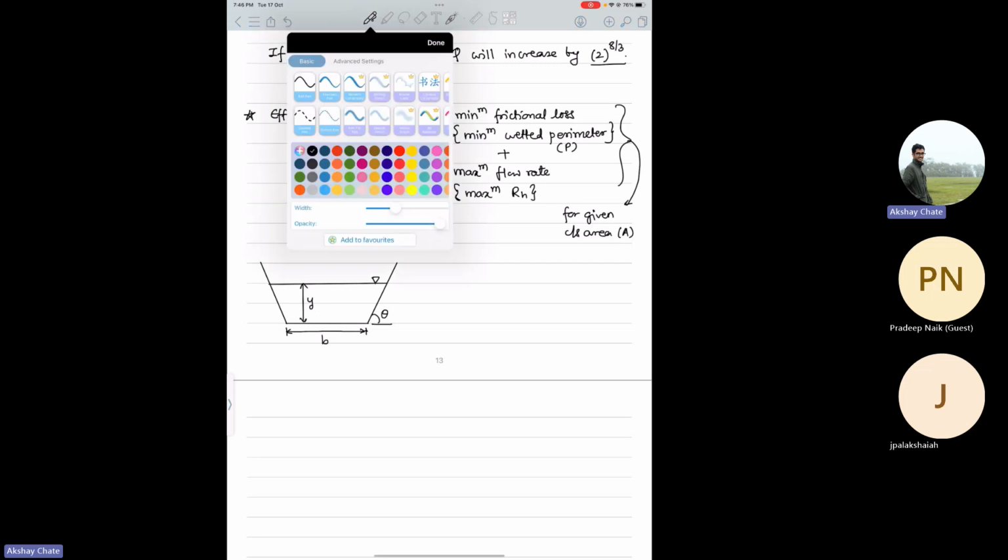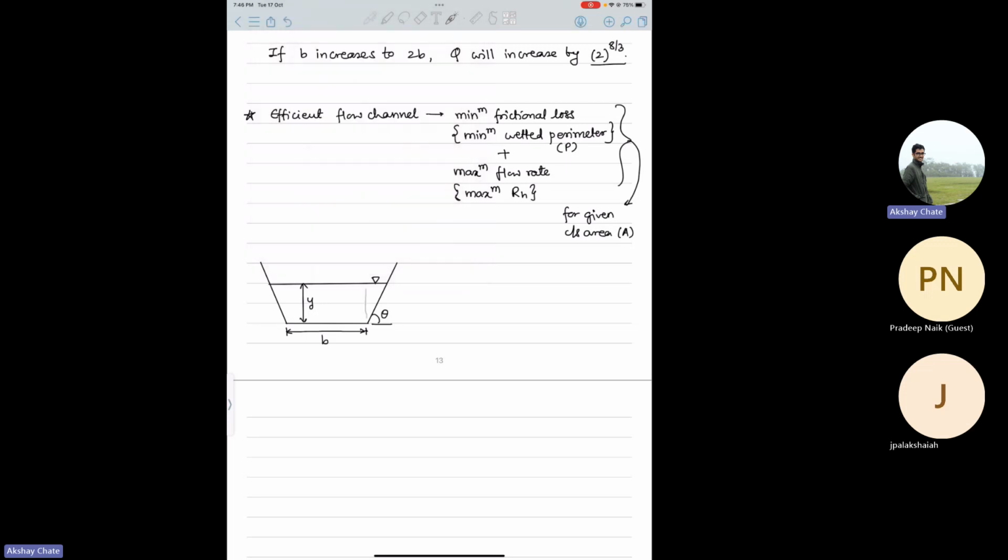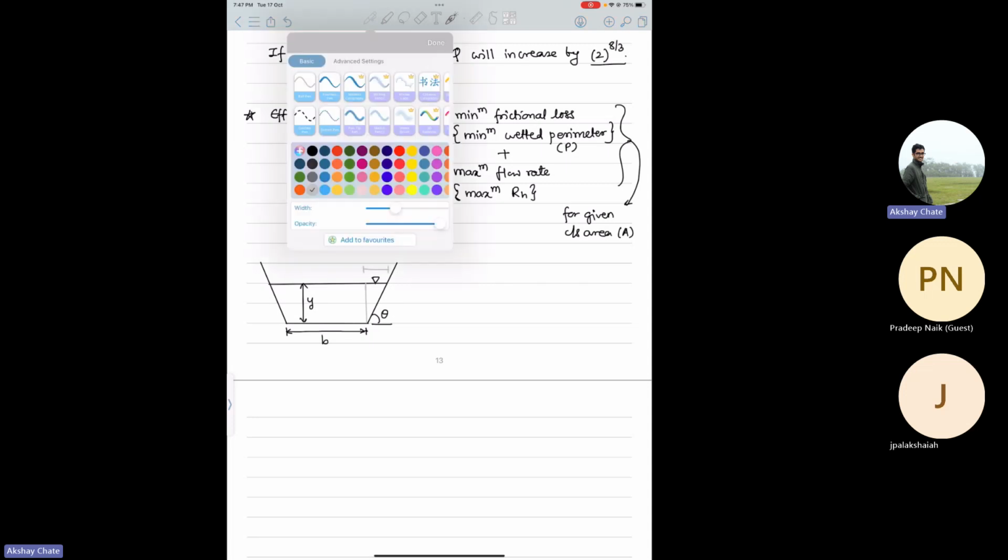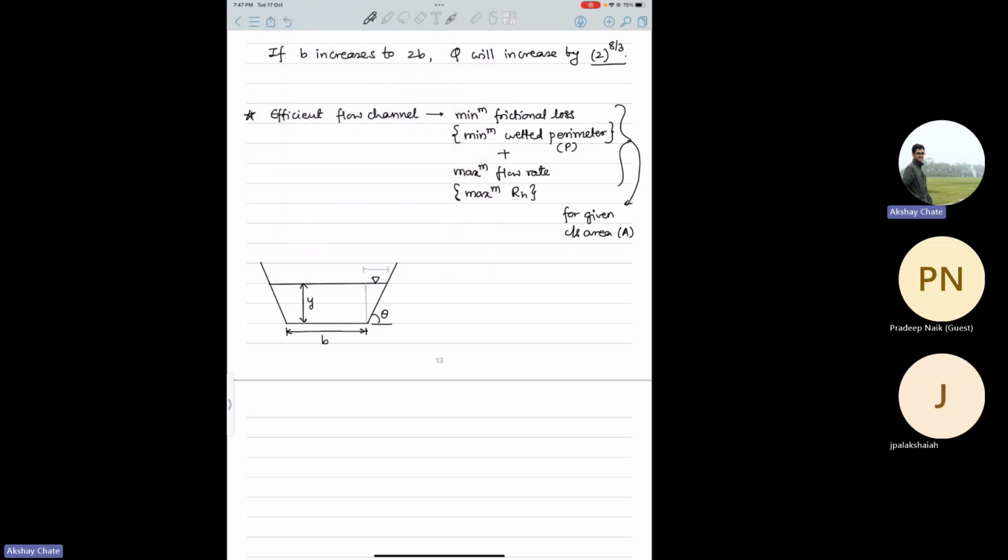Using trigonometry, we can calculate this length will be nothing but y cot theta. So let's put beta times y, and assume beta is a constant which is cot theta.